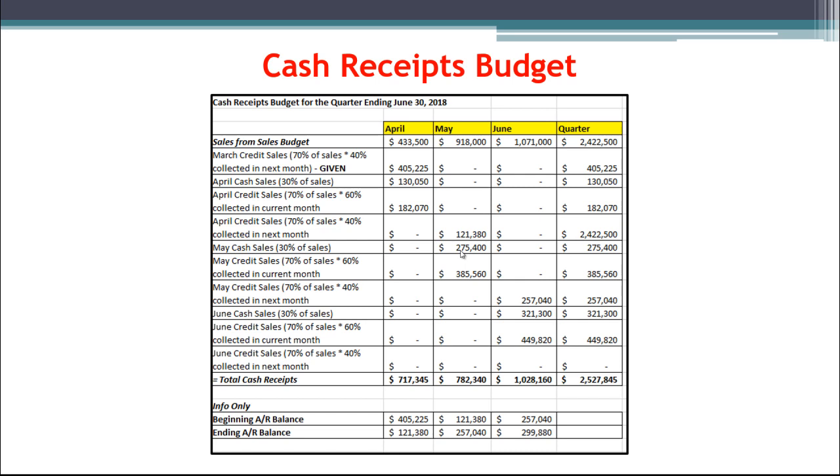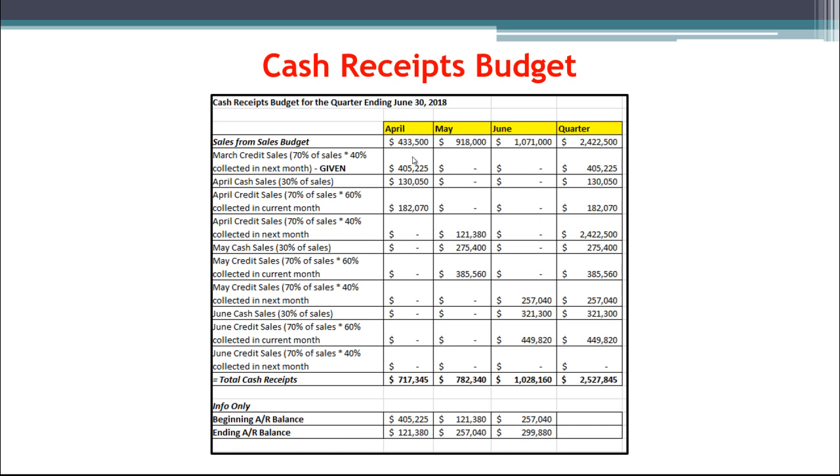Now, May's cash sales will be 30% of May's sales. The May credit sales collected in May will be 70% of May's sales multiplied by 60%. And again, the other 40%, so 70% times 40%, will be collected in June, along with the rest of June's sales.